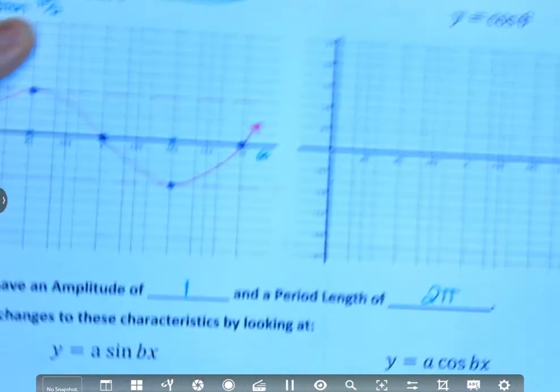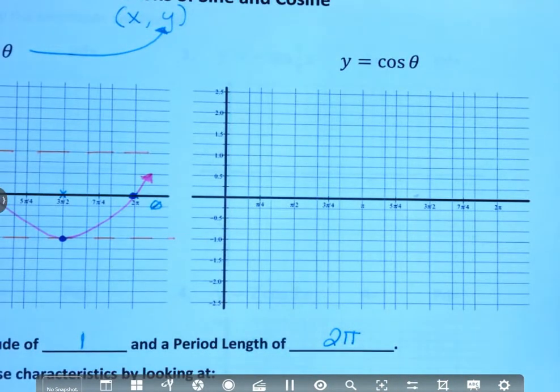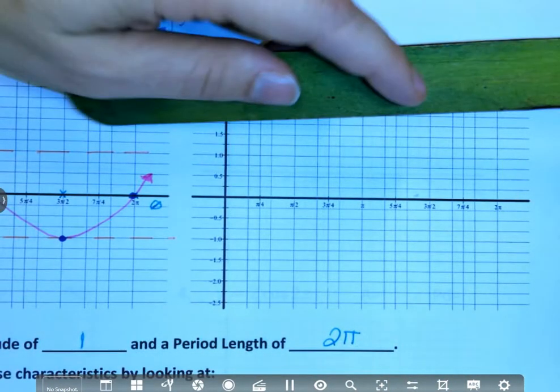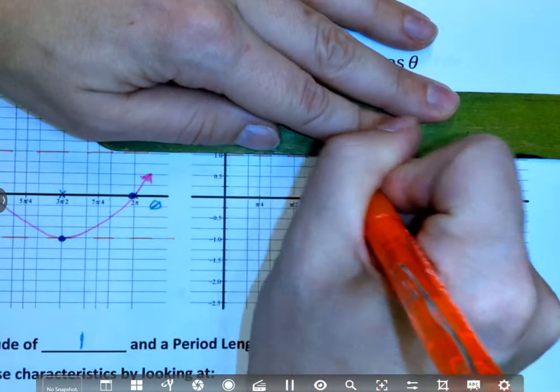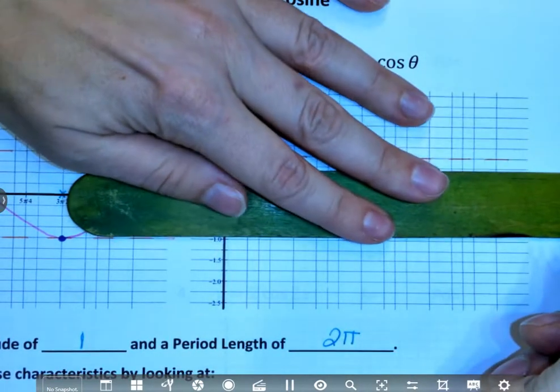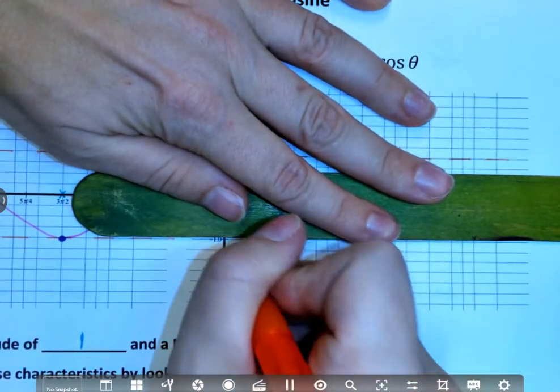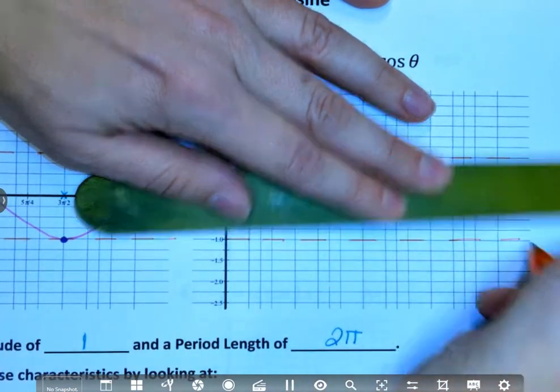Taking that same approach to cosine. We said, what is the amplitude of a cosine? 1. So I'm going to draw my guidelines. You do not have to draw these guidelines. I just know what I need. And I know that if I don't draw these lines, there's no way I'm going to put all of the dots in the right spot. I'm kind of special that way.